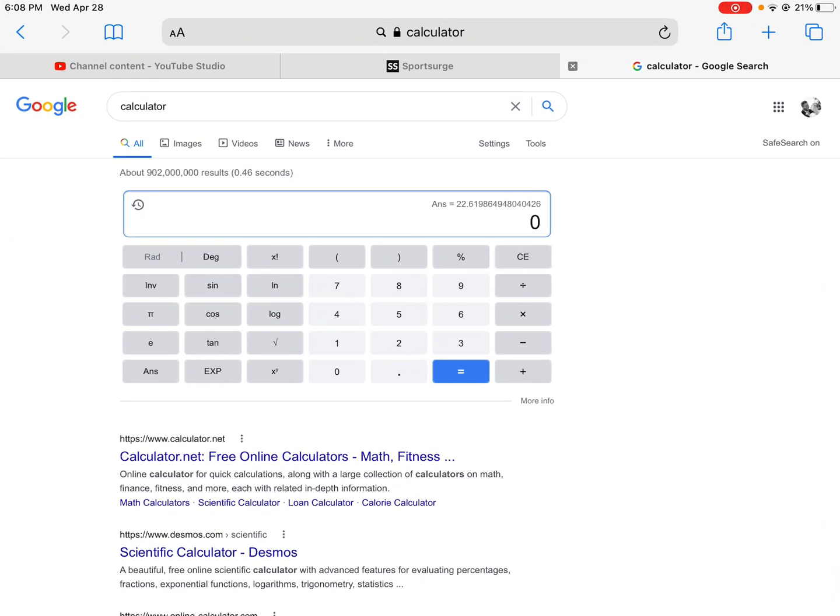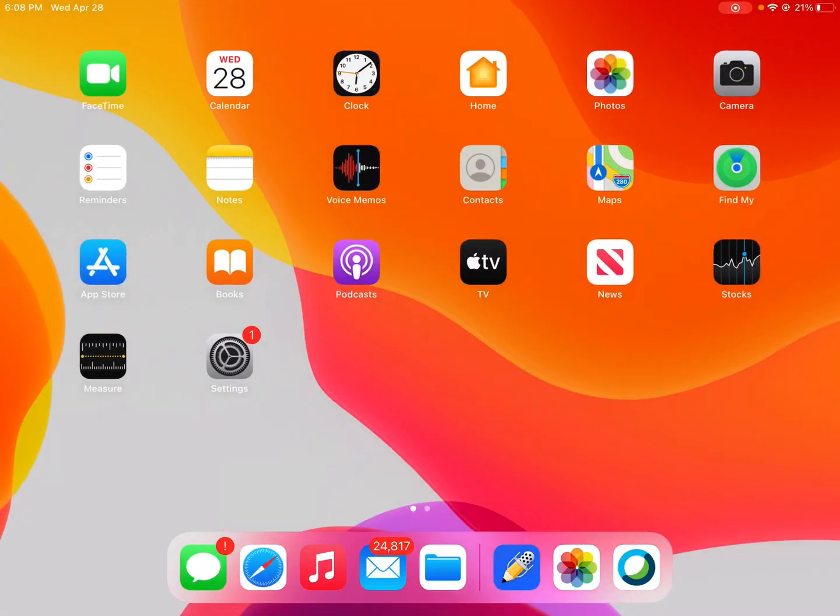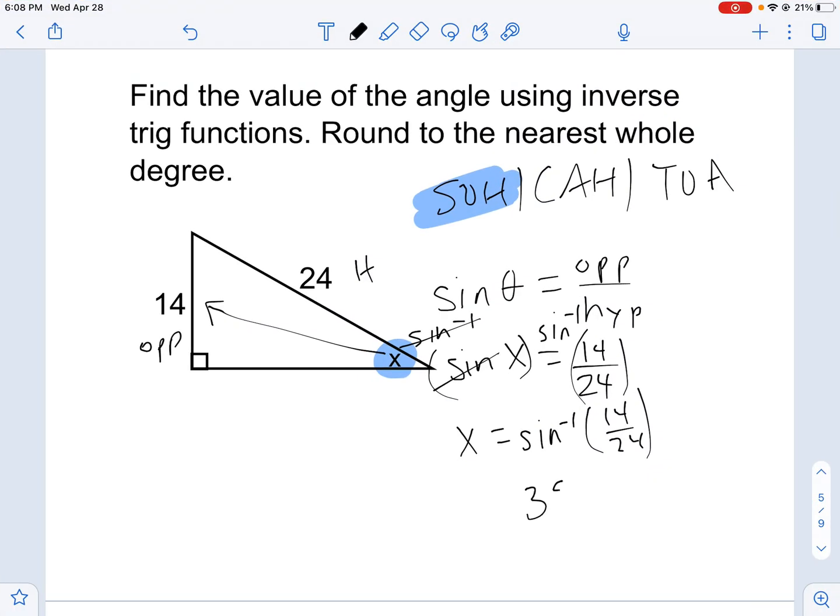So clear your answer from last time. Make sure you're in degree mode. We want inverse sine of 14 divided by 24. And hit enter. So it looks like it's going to be 35.7. This is an angle, so we use an inverse.